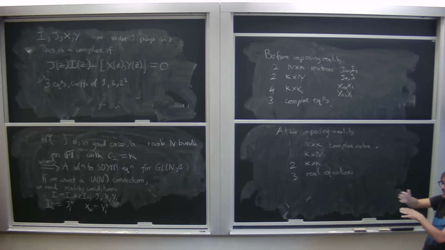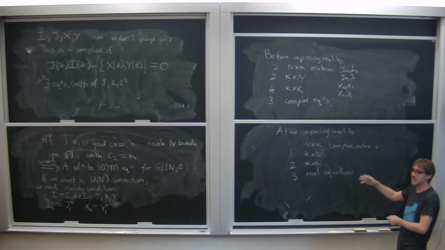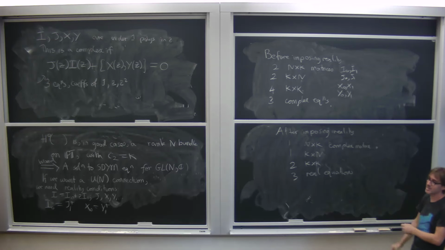It's like loops into like maps of C star times C times C. So that's part of the interesting.